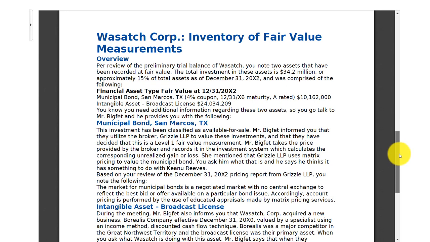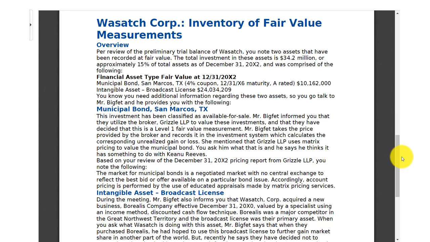Last, we have some consideration of the fair value hierarchy. Municipal bonds. Okay. You notice that in this municipal bond, they say they're using level 1 fair value, but that means you can look it up in a regular market.